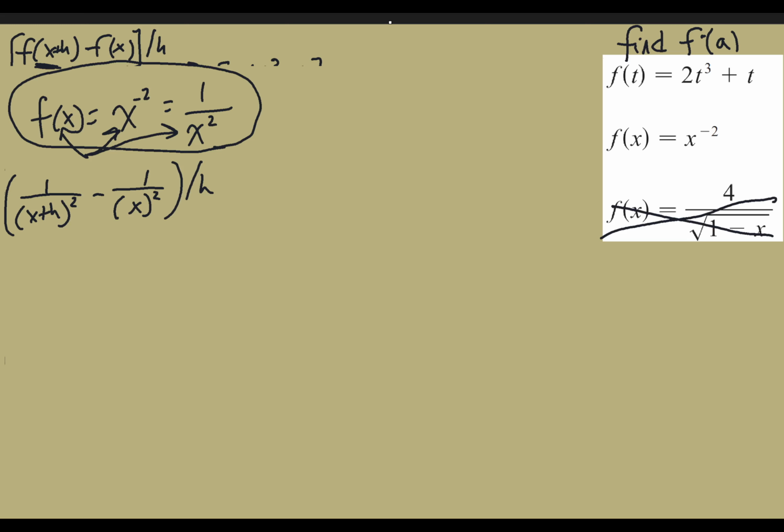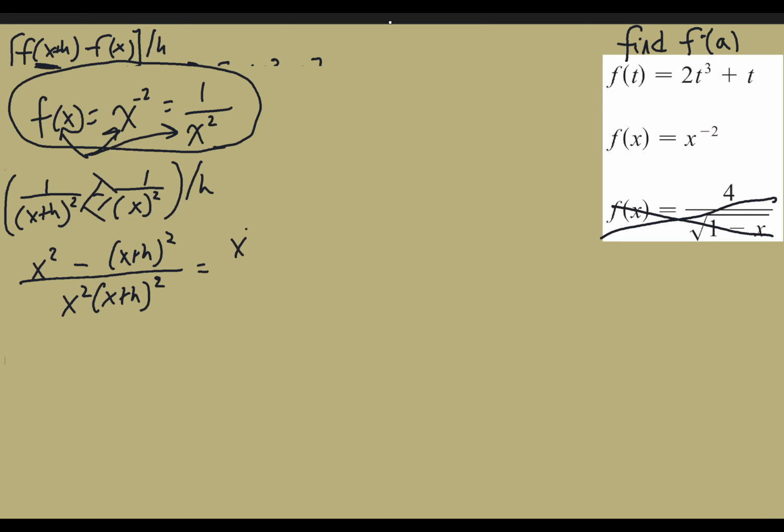So can I do anything to fix this? Well, we need a common denominator, right? So let's multiply top and bottom for each of these guys. You should know how to do this by now. And what's that going to give us? Well, we got to expand that out, right?